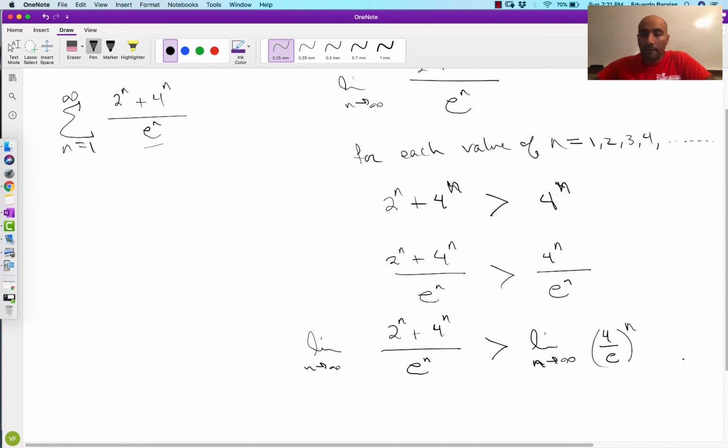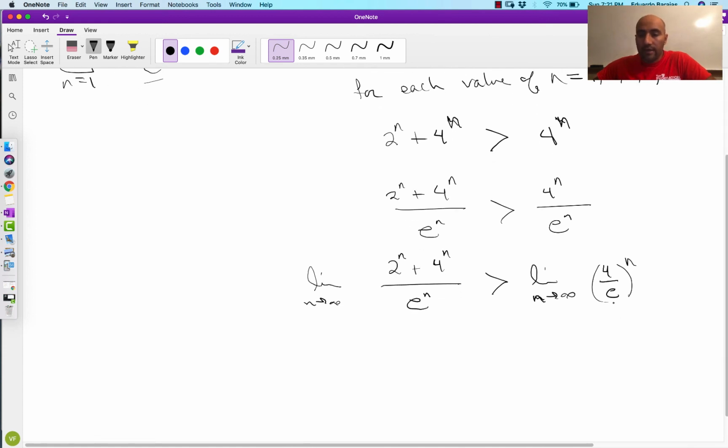to the power of n. And we know that if this base is bigger than 1, then the whole thing diverges. If it's smaller than 1, then it converges to 0. If its absolute value is less than 1, it goes to 0.